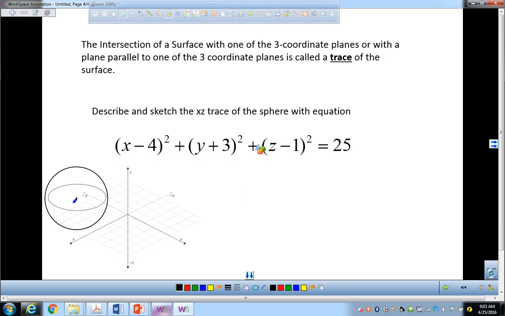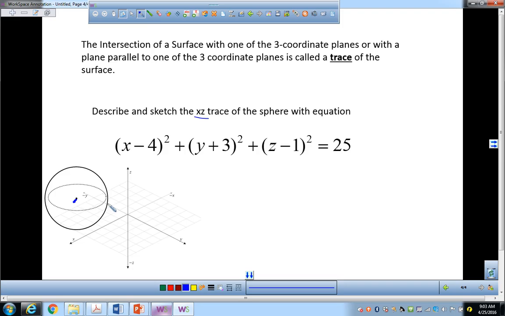So now, if I were to find the trace of that, that means if I took this thing and used the XZ plane as like a cheese slicer, what shape would I get? Not a semicircle, you get a circle, right?